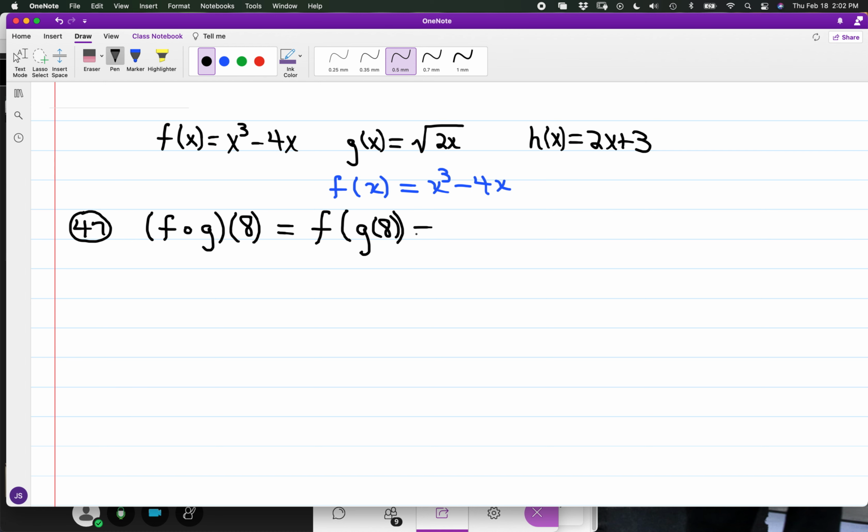You can either get the value of g of 8 first, or do it midstream. With g of 8 as the input, we're looking at the cube of g of 8 minus 4 times g of 8.